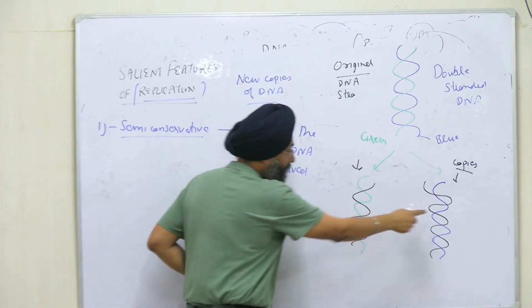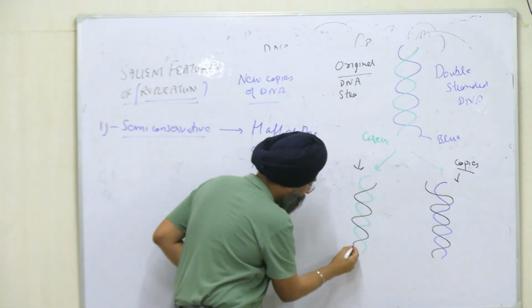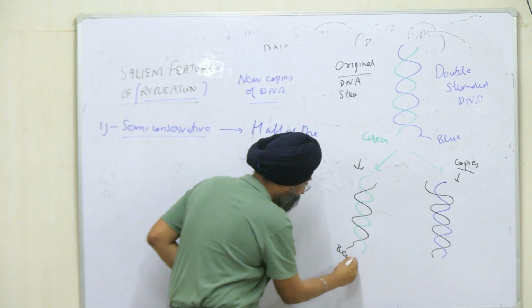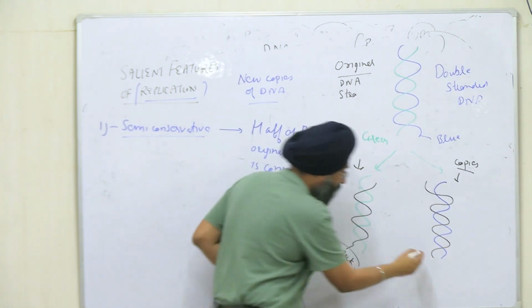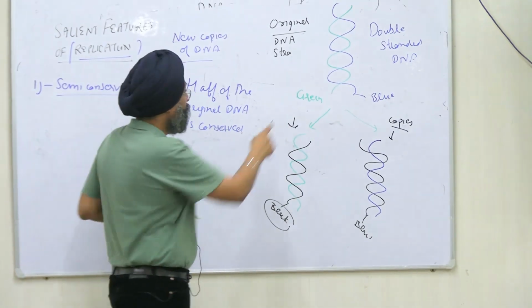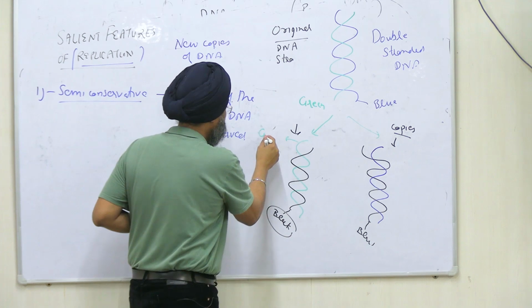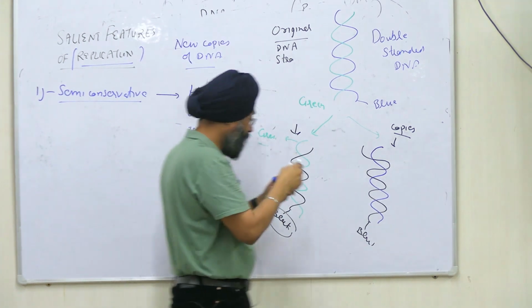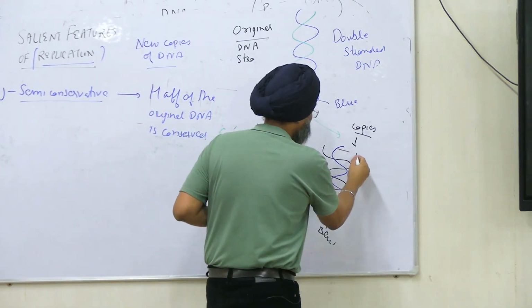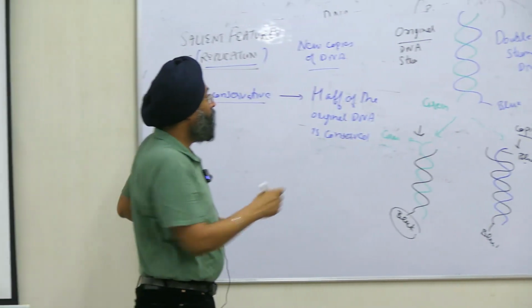One contains the blue strand and one contains the green strand. And the new strand formed is this black one. In this also a black one, but from the original DNA we got one green strand here, and here we got our blue strand, right?